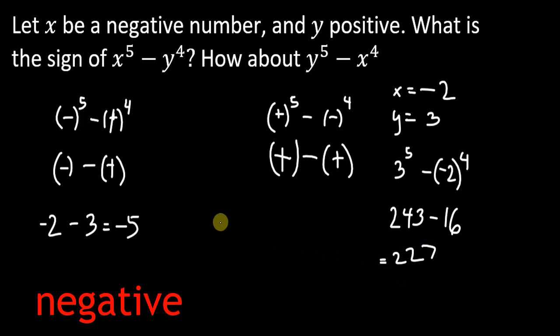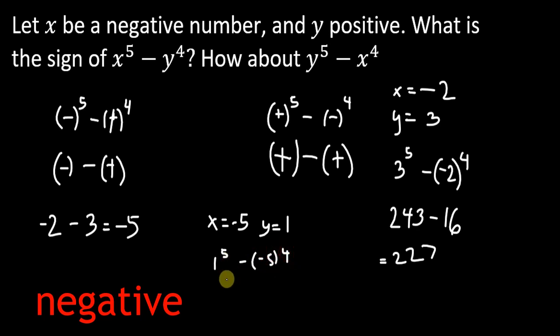How about if yung x ay equal sa negative 5 and yung y is equal to 1. So, negative yung x, then positive pa rin yung y. So, that is y raised to 5. So, 1 raised to 5 minus negative 5 raised to 4.